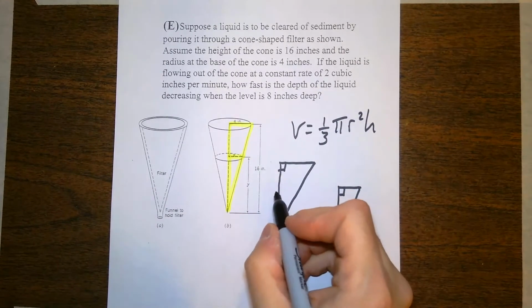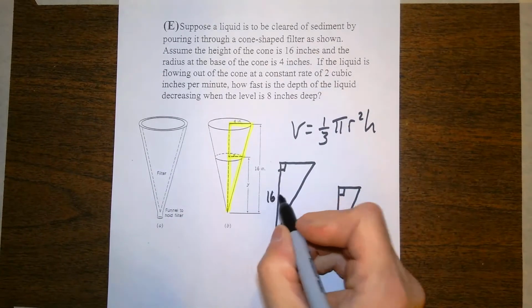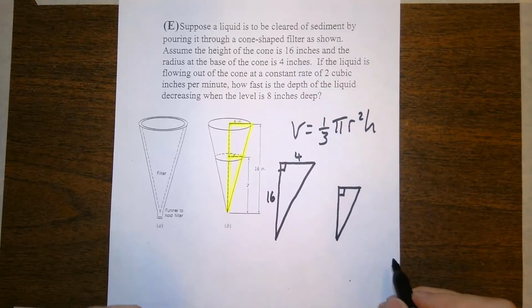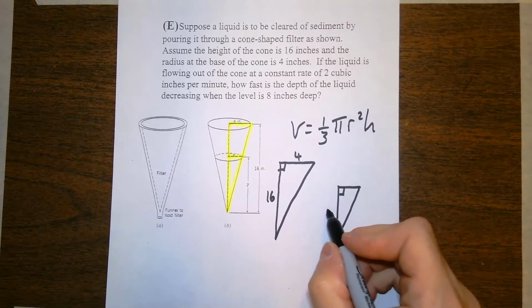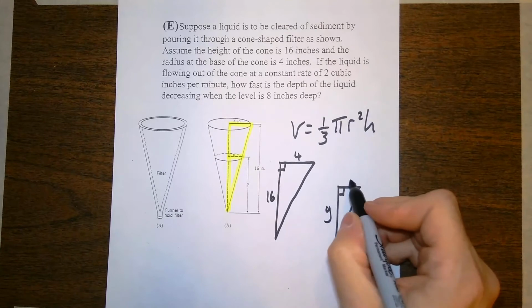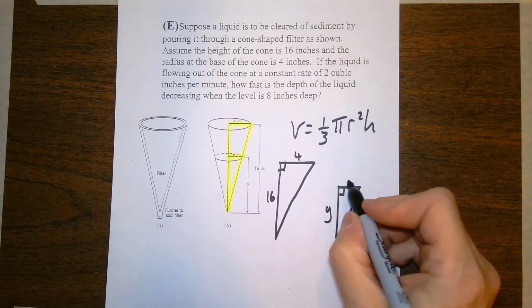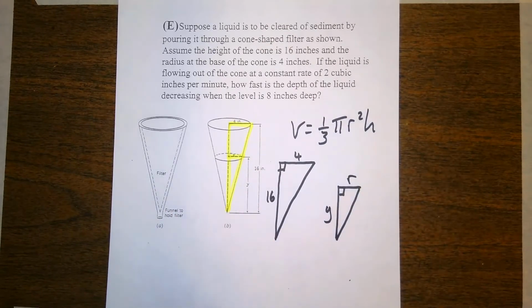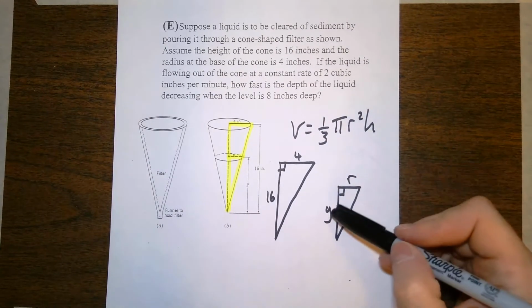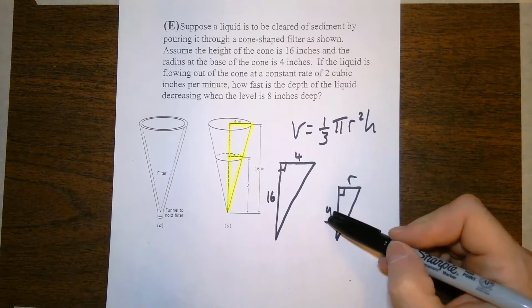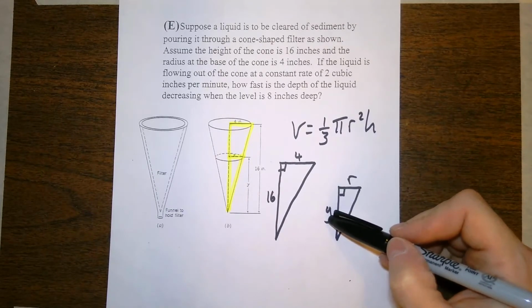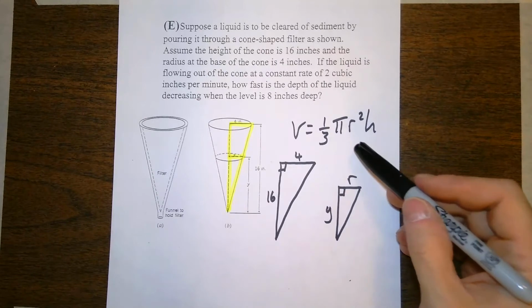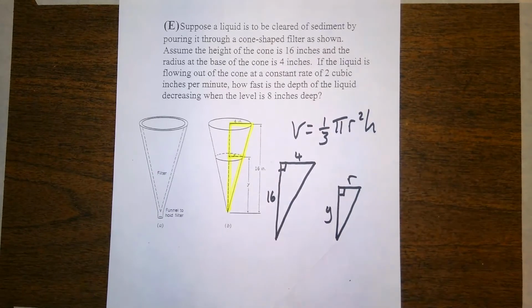Now this triangle I know is 16 and 4. This triangle is y, the height, and an r value. I want to get rid of the radius in this problem, so I'm going to set up similar triangles here.